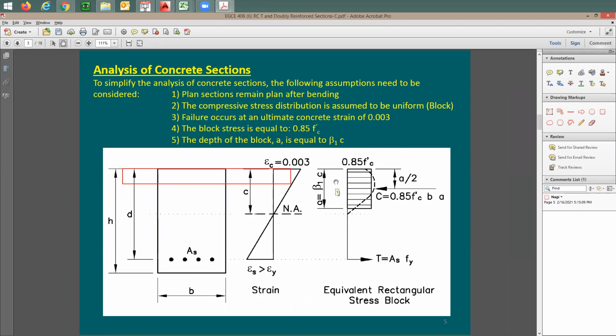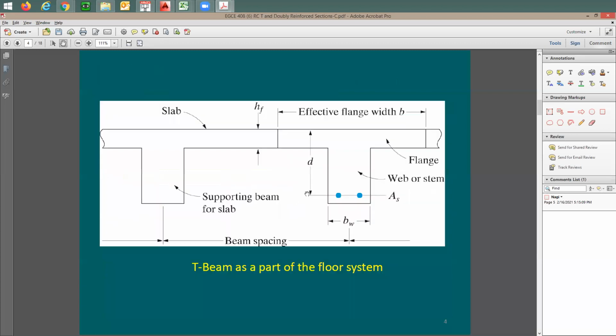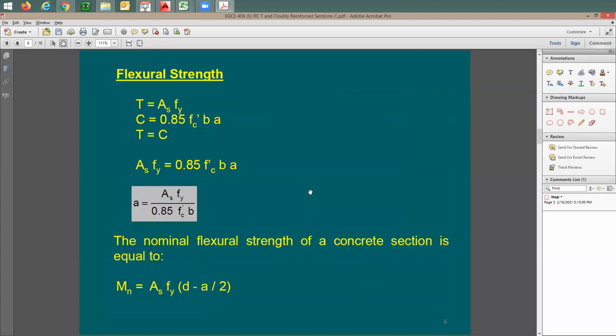What happened? The strain in the steel was lower than the yield strain, and the stress was lower than the yield stress. So what does that mean? It means you're going to have the same equations. At the end, you end up with these equations, right? But it's going to be lengthier. You're going to have more work to do about the strain and so forth.